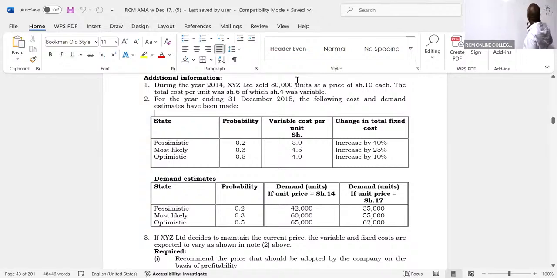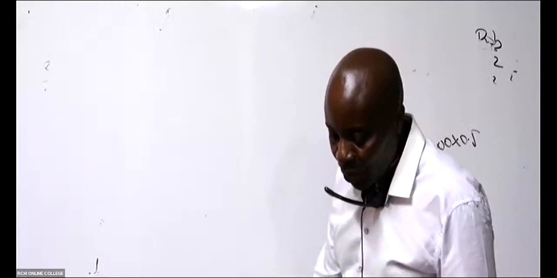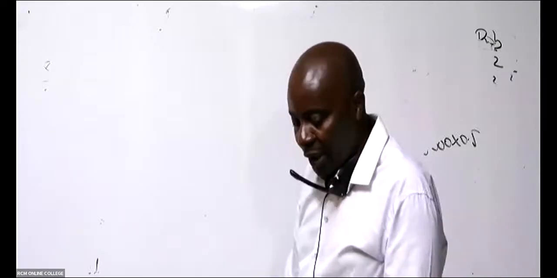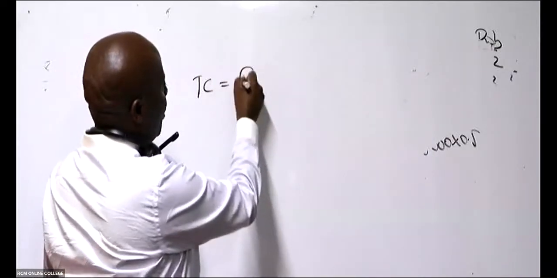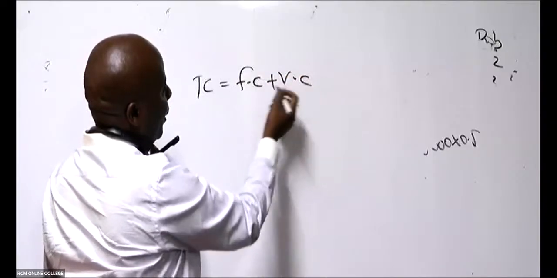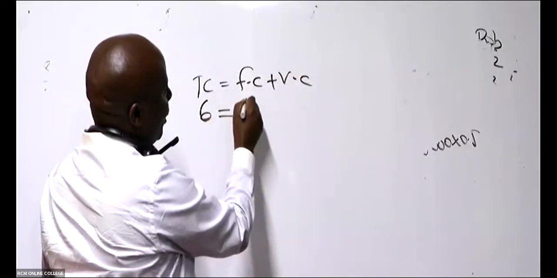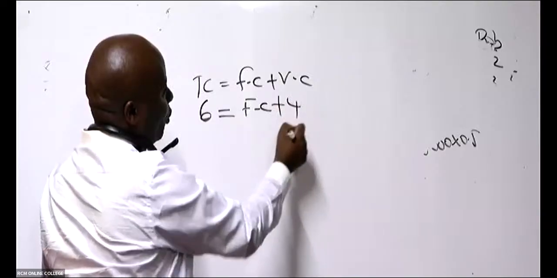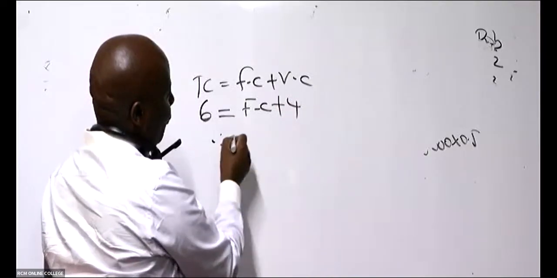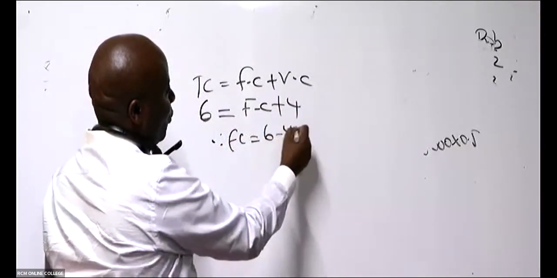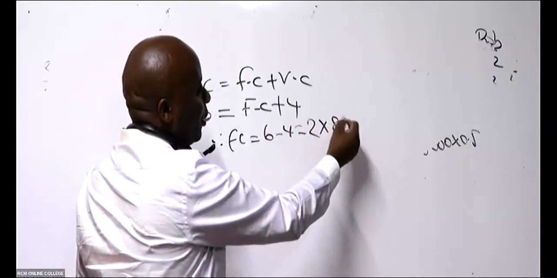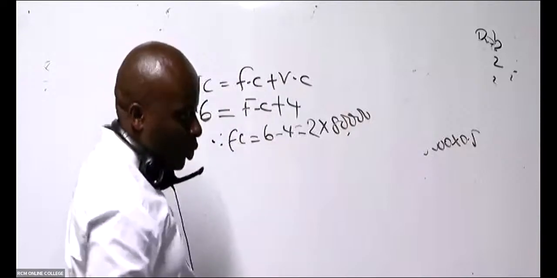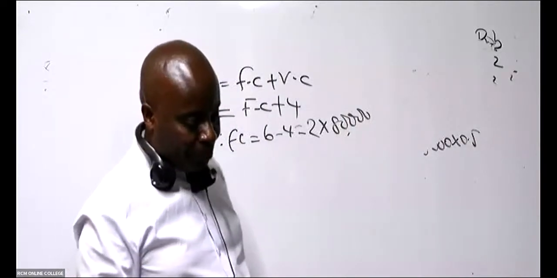We know that our total cost is fixed cost plus variable cost, and the total cost is 6. Fixed cost we don't have. They have told us variable cost is 4. Therefore, fixed cost will be 6 minus 4, 2 per unit, times the current production to get total fixed cost. I hope that is helpful.